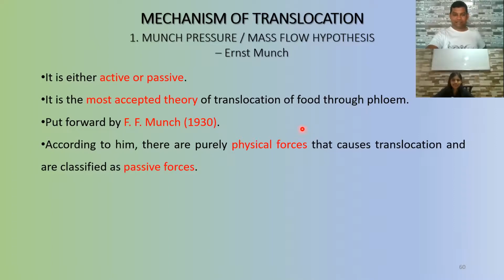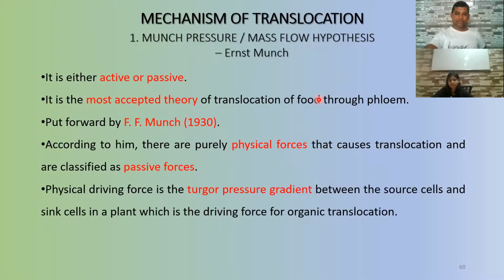According to this theory, there are physical forces which are involved that cause the translocation, and which are called passive forces. अभी leaf के cells, that is where the manufacturing is taking place. वहाँ food बन रहा है, तो इसलिए उनको बोलेंगे source cells.